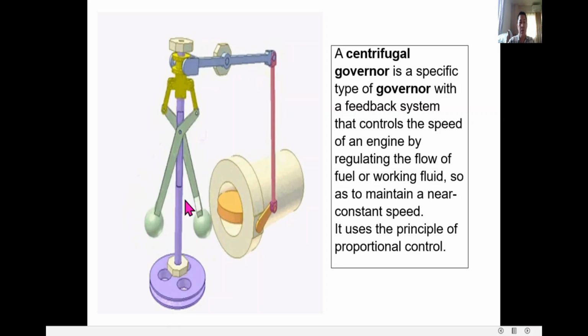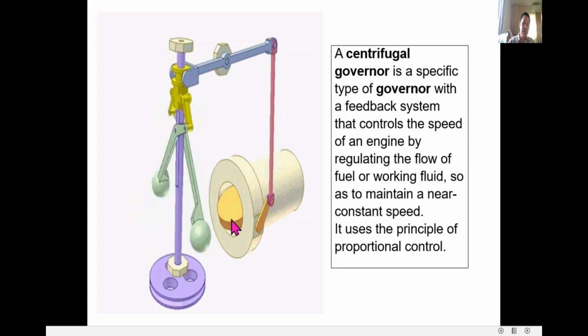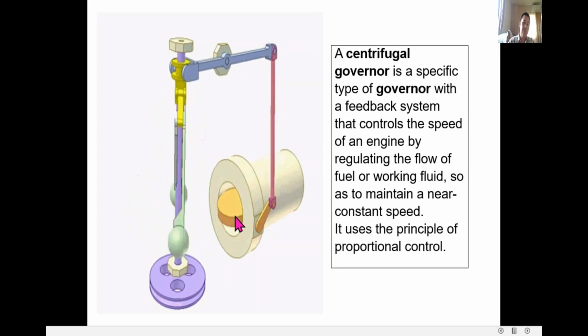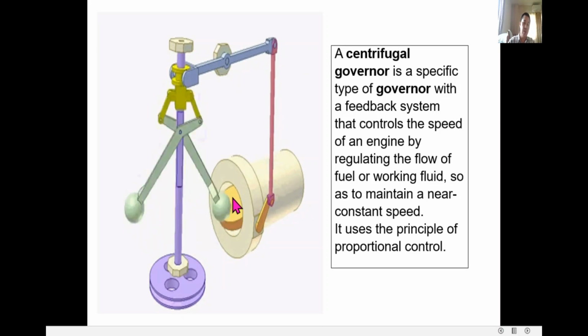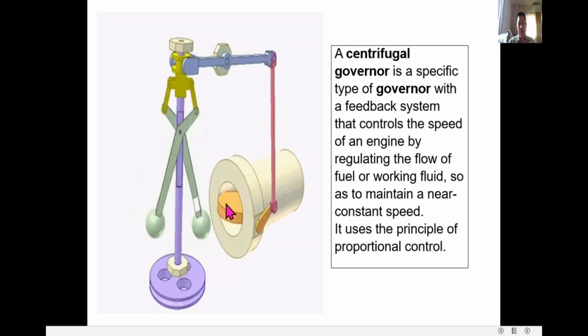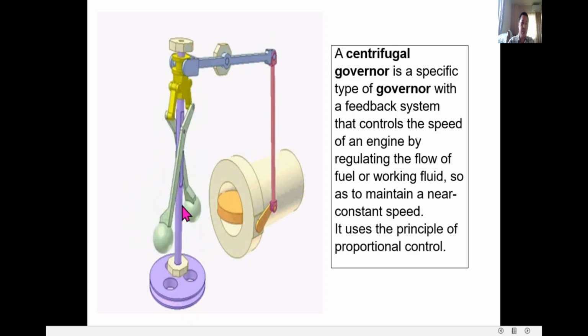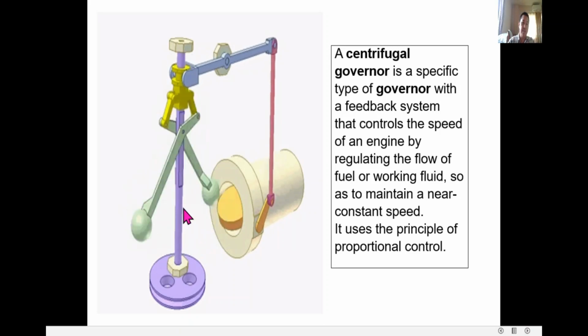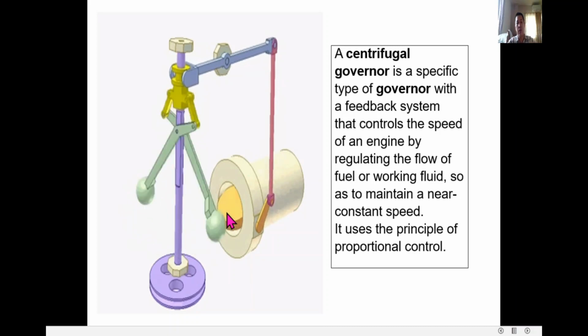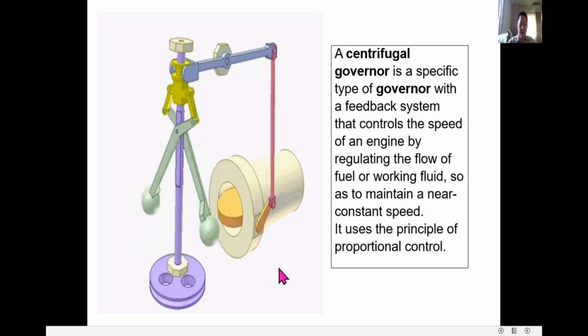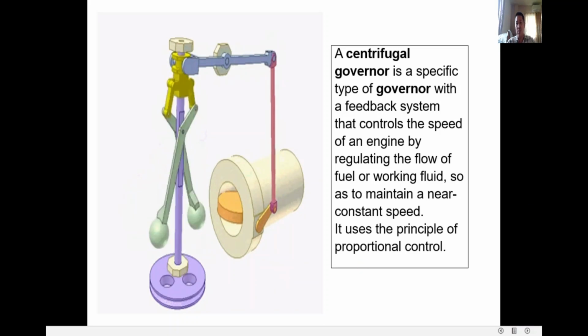As it rotates fast, it is closing or making a smaller opening of the flaps inside. If this flyweight is rotating at low speed, it will open the flap fully, giving more fuel and air. So this is a centrifugal governor. So let us proceed.